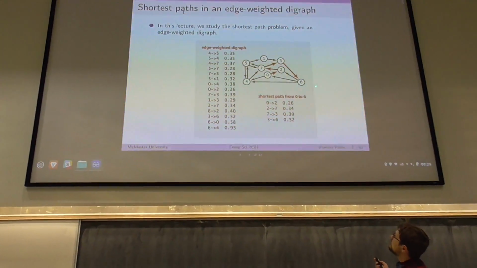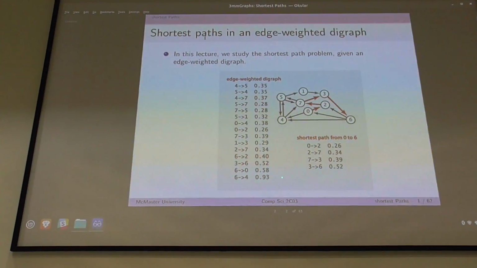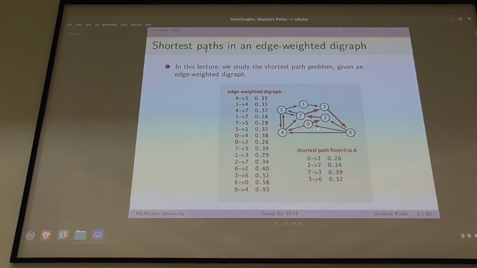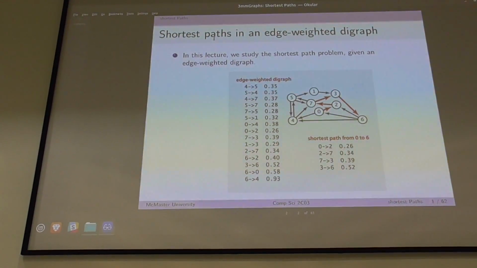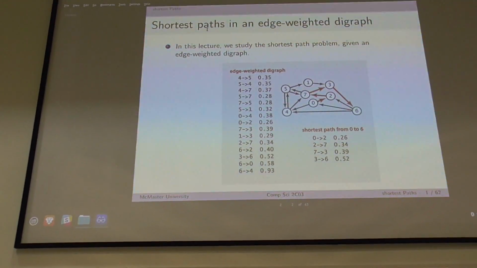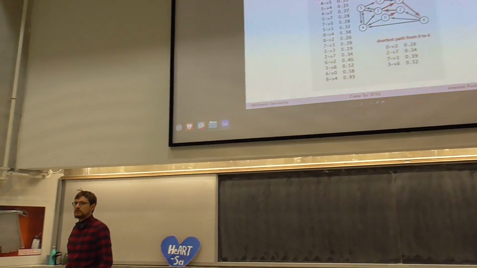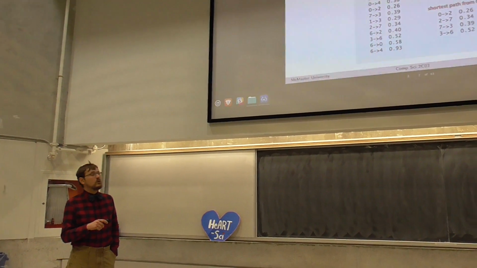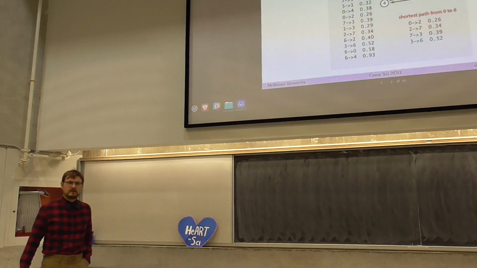So, not to dwell on these too awful long, but if you have an edge-weighted digraph, and you have 2 points in that digraph, an interesting question is, what is the shortest distance between 2 points? In this case, it's not a straight line.